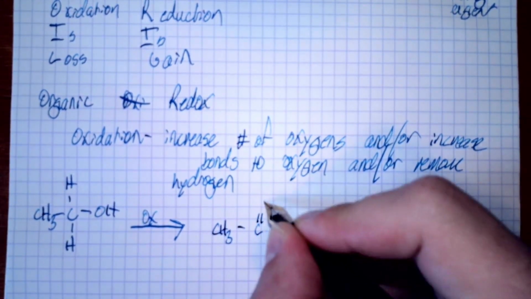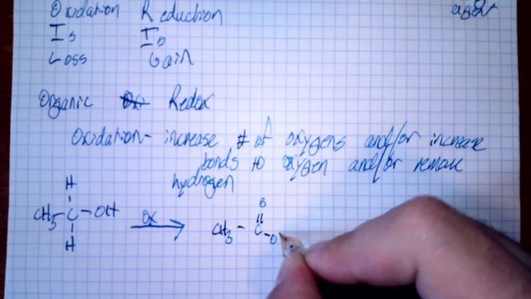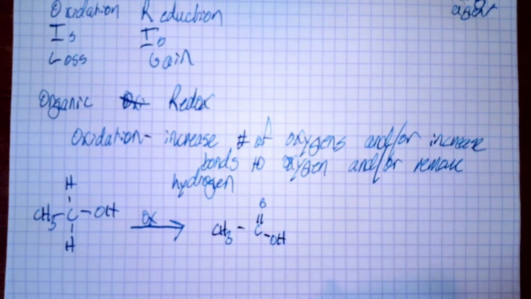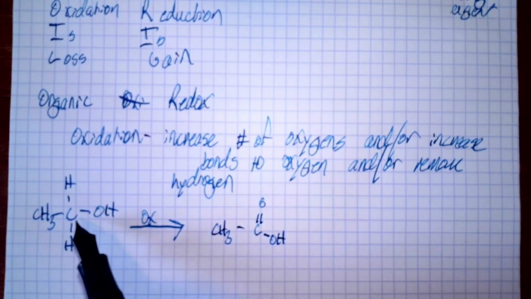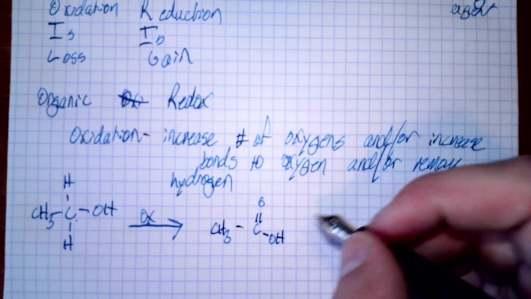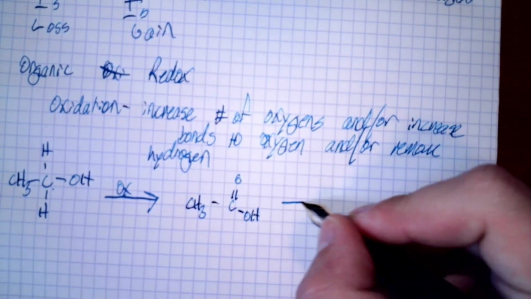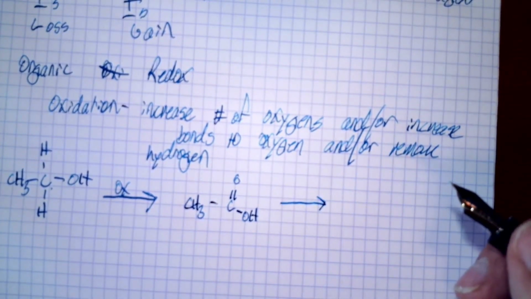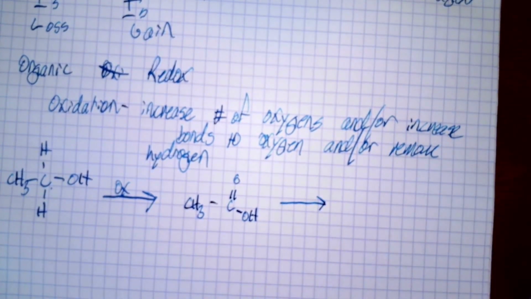But anyway, if we oxidize this, we oxidize it to this. So we go from a primary alcohol to an aldehyde. We could oxidize it further, use something like chromic acid, kind of the old standby.